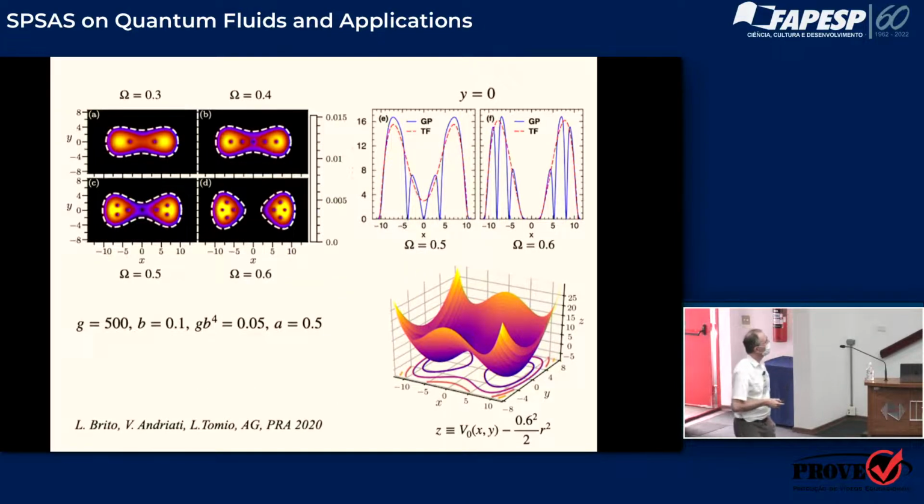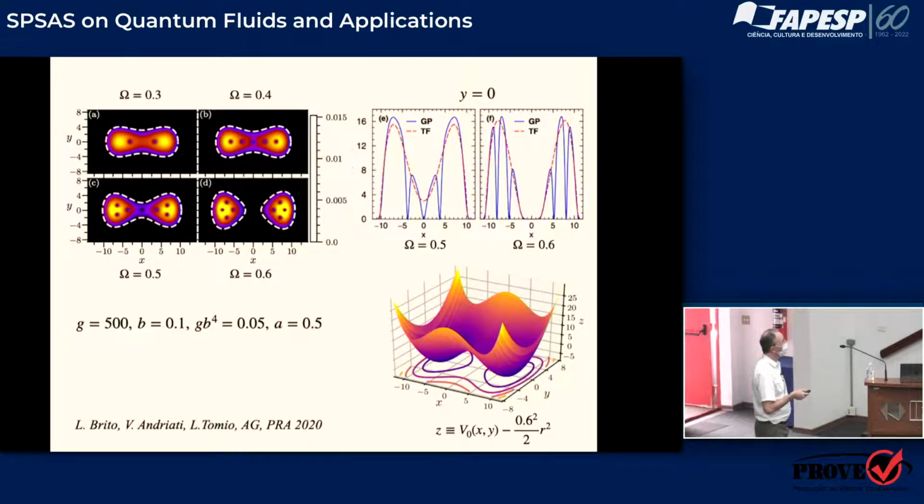So let's see if our variational approach is true. We run it for omega 0.3, and we obtained this figure. In colors we have density, and here we have the contour given by Thomas-Fermi.